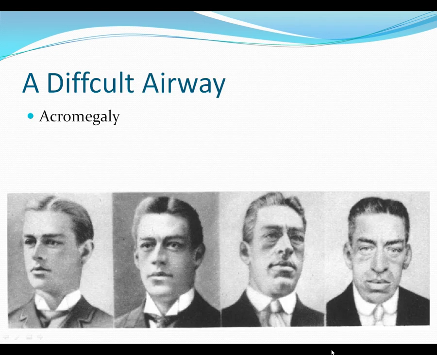All right, here's another example of difficult airway, acromegaly. This is a picture of a guy that has a pituitary tumor, and that's how his facial features have changed over time. They can be, at this point on the far right, he's probably pretty difficult intubation, and probably potentially difficult ventilation as well.